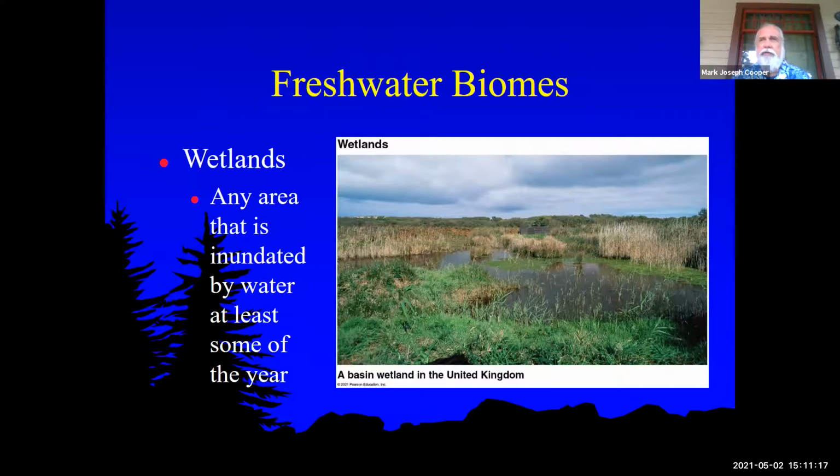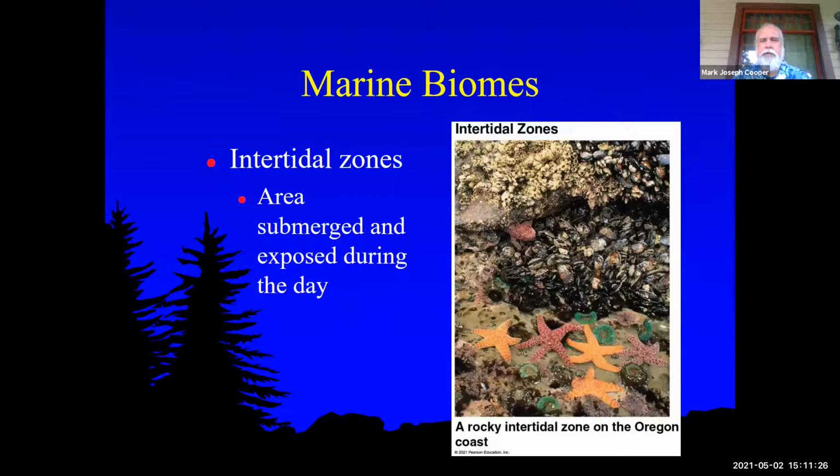But again, wetlands have really been decimated in the United States, unfortunately. And then we have the marine zones. Marines, the one that most people will know is maybe the intertidal zone. These are areas where you have high tide and low tide, so organisms have to deal with the idea that they are going to be covered with water parts of the day and not covered other times.